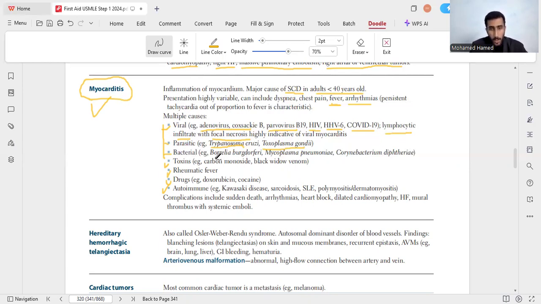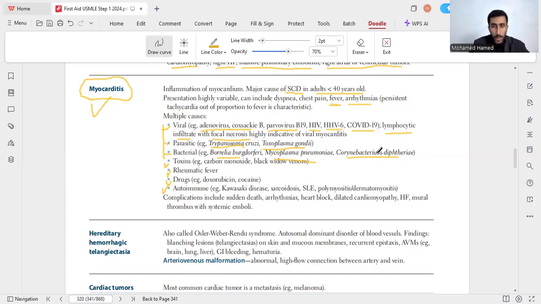For the bacteria, just know the names: Borrelia, Mycoplasma, and Corynebacterium diphtheriae. Corynebacterium diphtheriae myocarditis is mentioned in the microbiology chapter, and we will explain that there.